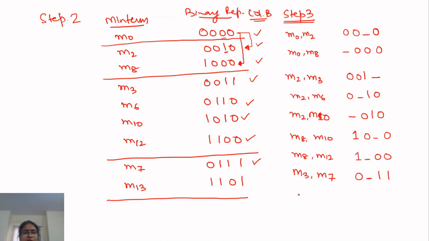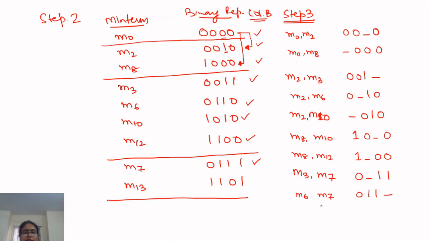Okay, then comes 6. 6 is comparable with 7, m6 and m7, because they vary on 1 bit, 0 1 1 dash, right?